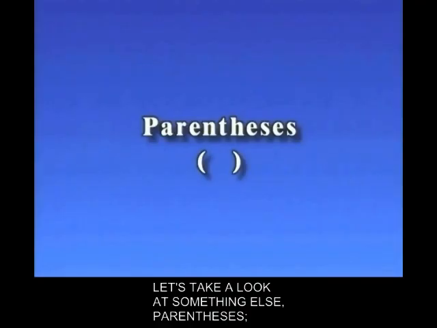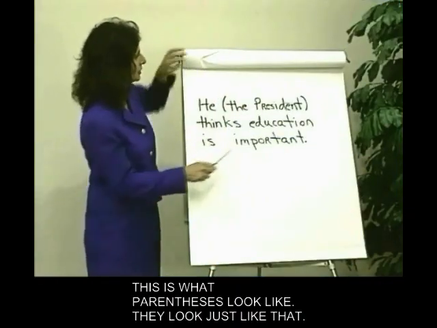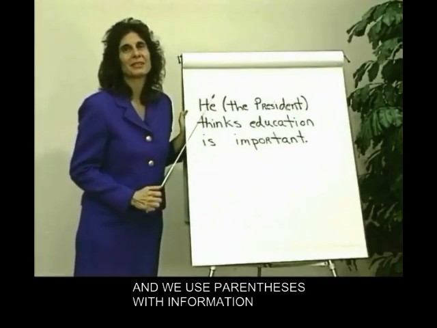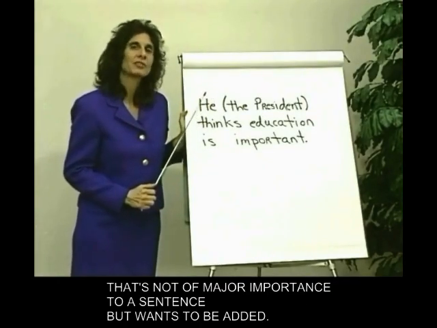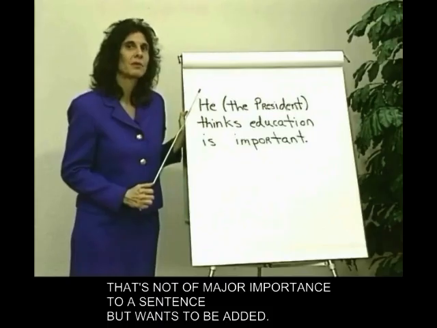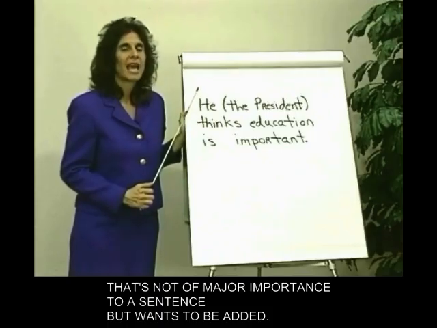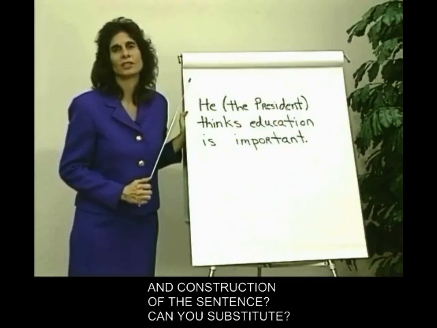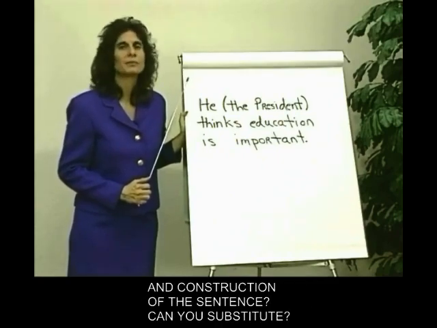Let's take a look at something else. Parentheses. This is what parentheses look like. They look just like that. And we use parentheses with information that's not of major importance to a sentence, but wants to be added. Ask yourself, can it be added without changing the meaning and construction of the sentence? Can you substitute?